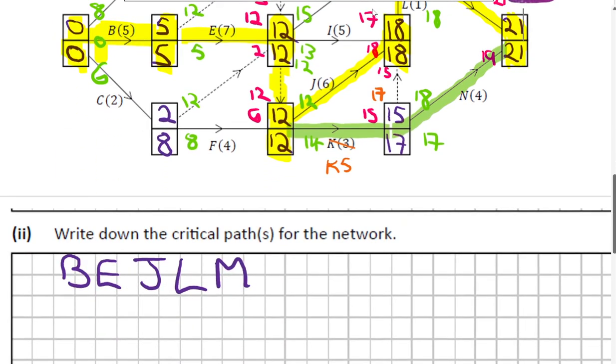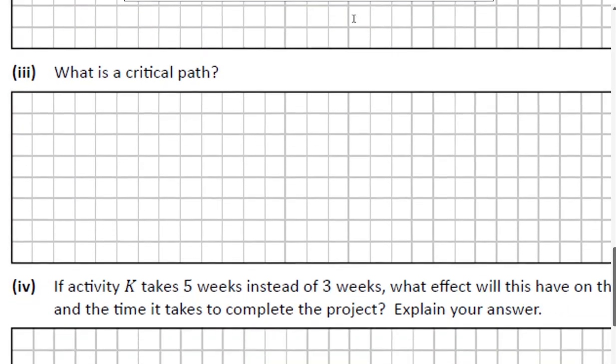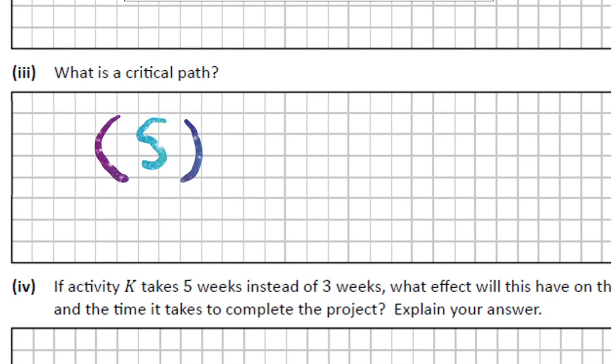Then writing down the critical path was worth 5 marks. Then the critical path where a delay in completing an activity will delay the overall project, so that's 5. And that's why the critical path was the one it was, because there was no flexibility in the timings of those tasks.